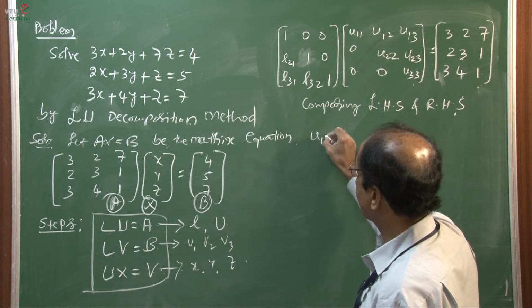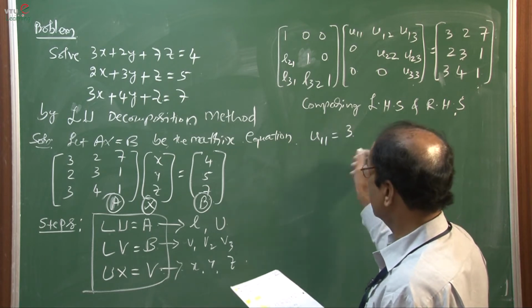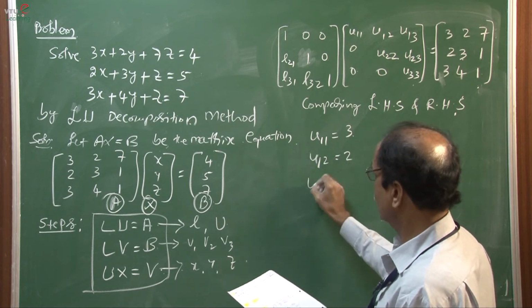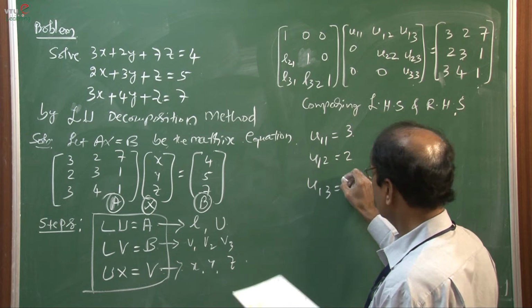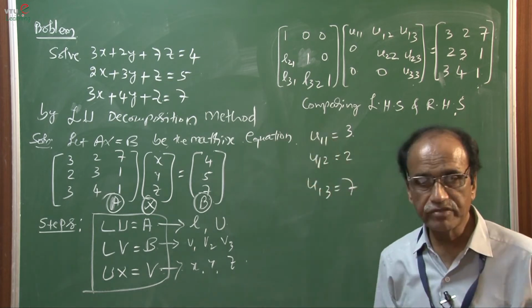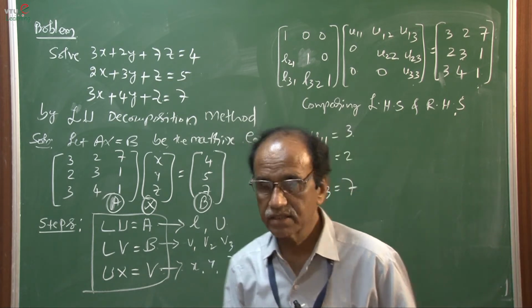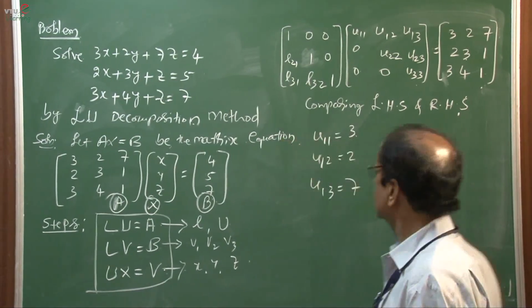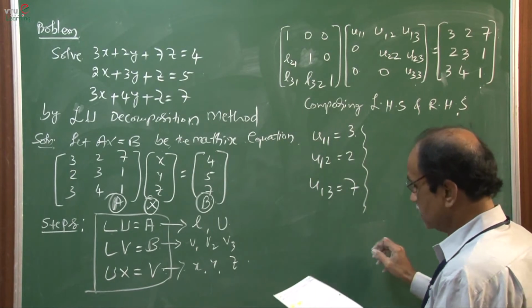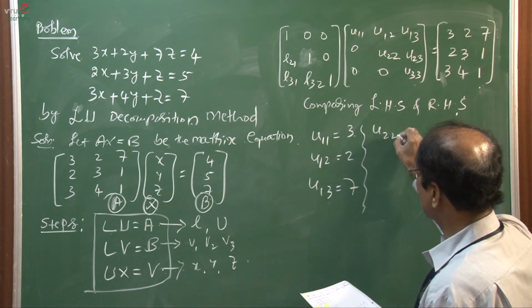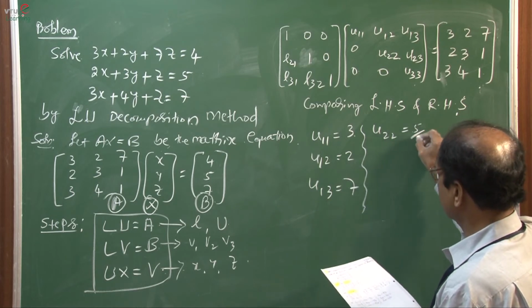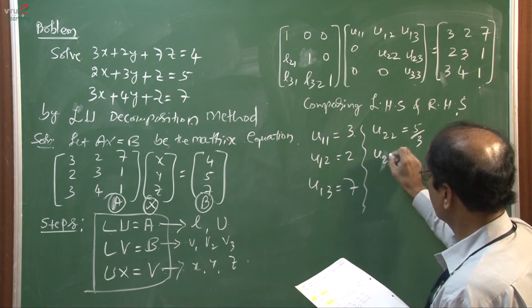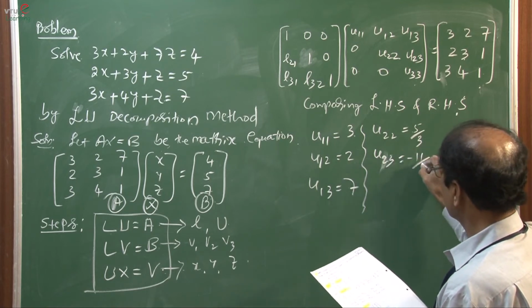So here I am getting U11 is equal to 3 and U12 is equal to 2 and U13 is equal to 7. You have to verify this, because I have calculated like this. If there is any change, then you can see that that will be corrected. Okay. Now next is U values, that is U22 is equal to 5 by 3 and U23 is equal to minus 11 by 3.